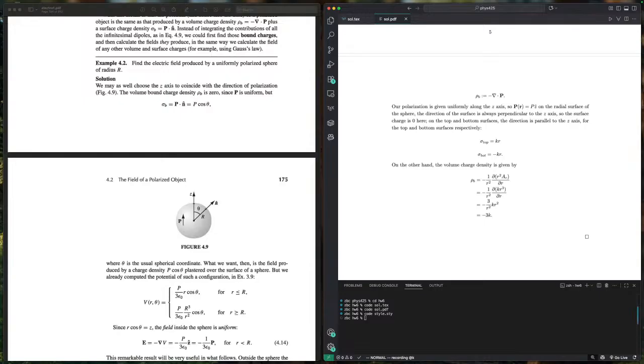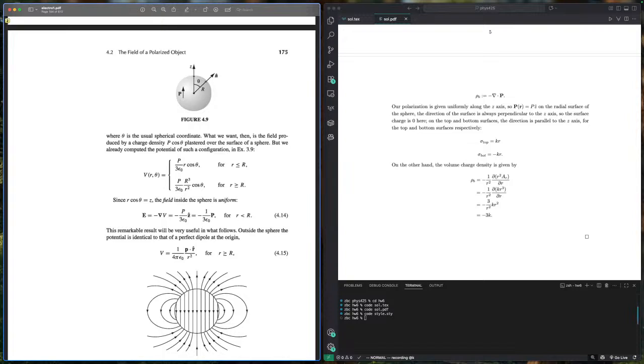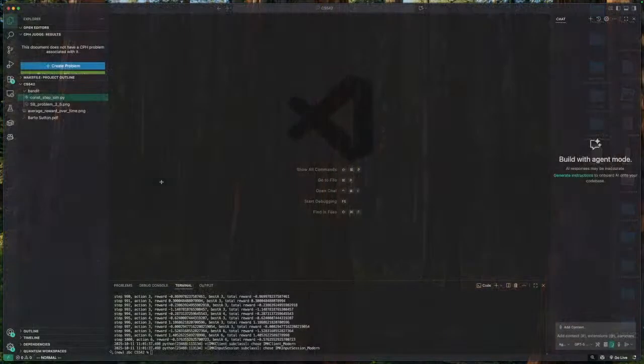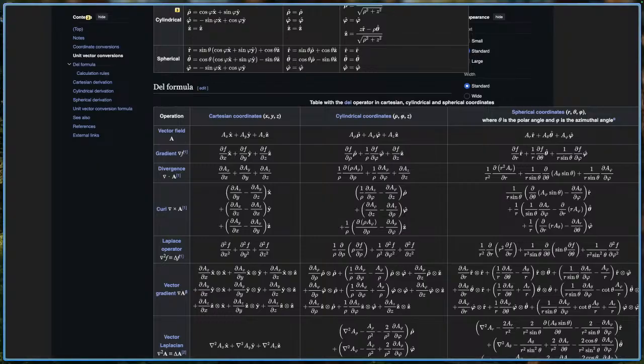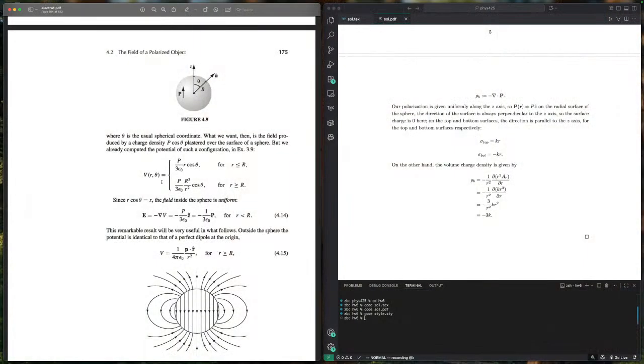But wait, how do you deal with this? Then isn't the volume part just equal to 0, since z is not explicitly dependent?